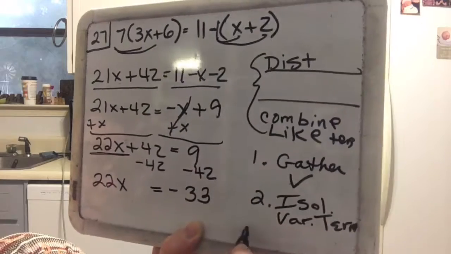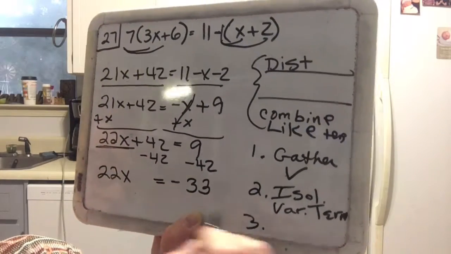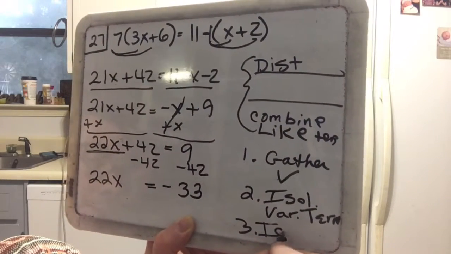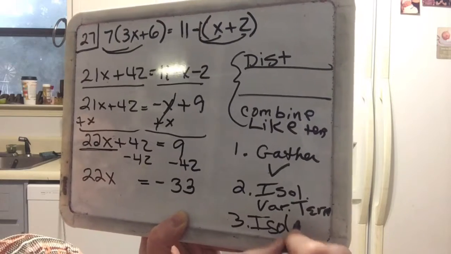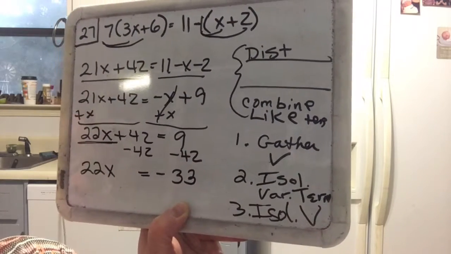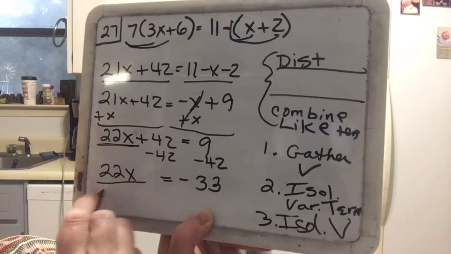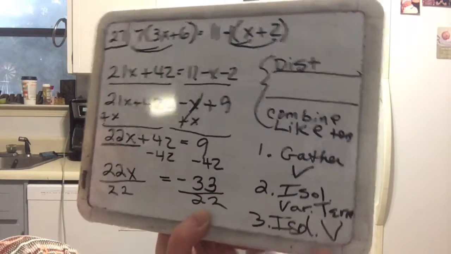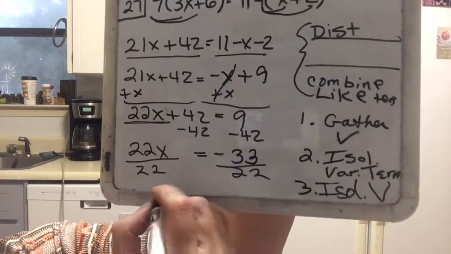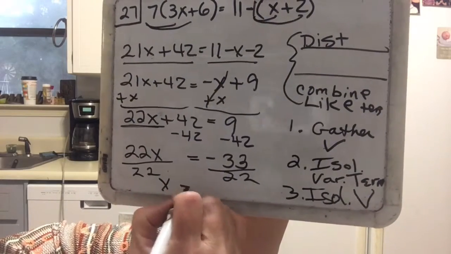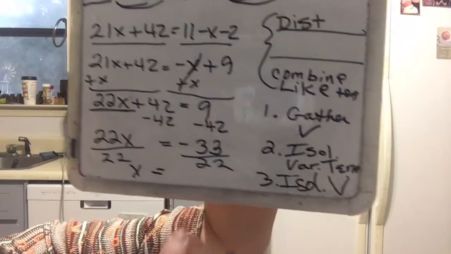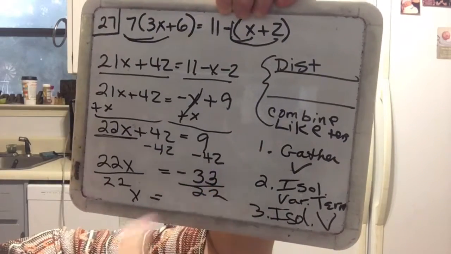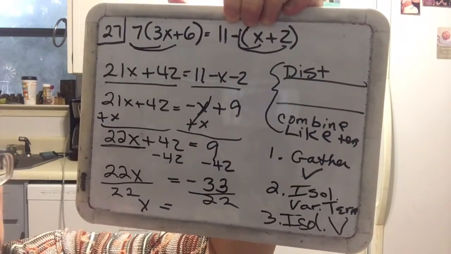Now, lastly, number 3 is I'm going to isolate the variable itself, which means I'm going to get the x by itself by dividing by 22. So now my x is negative 33 over 22, but notice that 33 and 22 will both divide by 11.